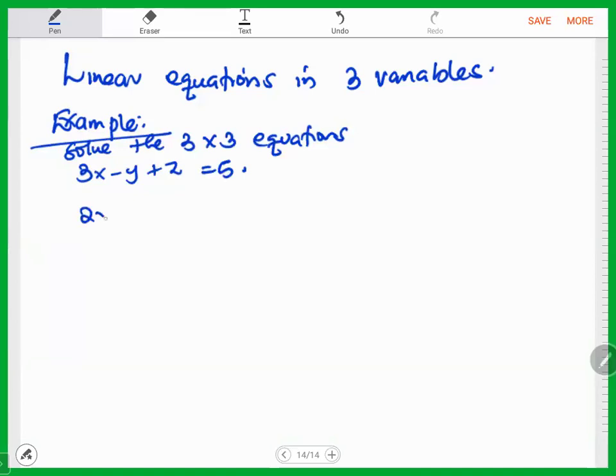We have 2x plus 3z is equal to 4 minus 2y.